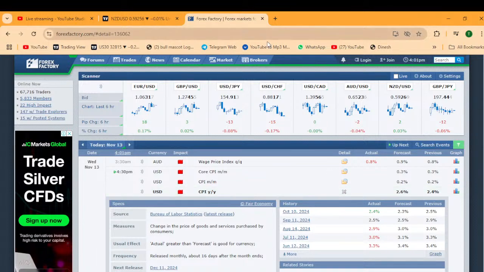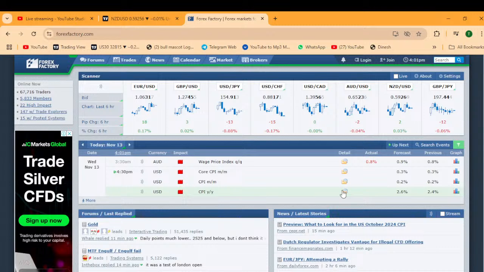Also the year per year previous was 2.4%, but the forecast shows that they expect a slight change, an increment. If the increment happens from the 2.4% of the previous month to the 2.6% as forecasted, they expect a strong dollar.